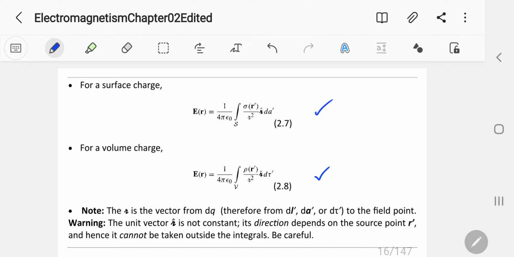Whether that point is near or far, that point should have a distance from the distribution, and the distance is the magnitude of the vector from the source distribution, or the source charge, to the field point.